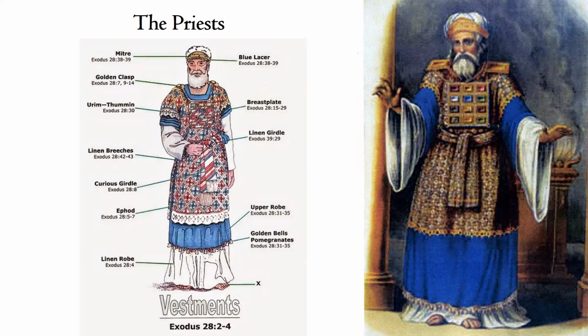The breastplate is the one that I want to talk about for a little bit. You notice that there's 12 jewels there symbolizing the 12 tribes of Israel. Now, the high priest's function was to be the mediator between God and the people. This is a picture of Christ, right? Christ is the mediator between us and the Father.